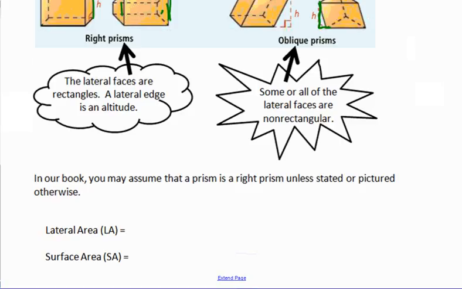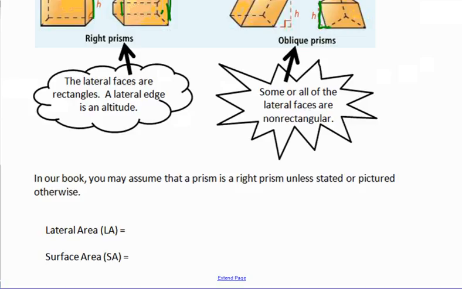All right. So as we're going through, it does say, especially in our book, you can assume a prism is a right prism unless it's stated otherwise. Typically, that'll be how it is, unless it's very obvious that it's not a right prism. But either way, we can find the lateral area and the regular surface area. Those are two different things.